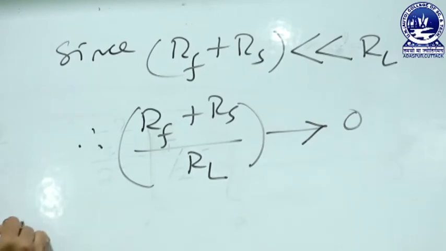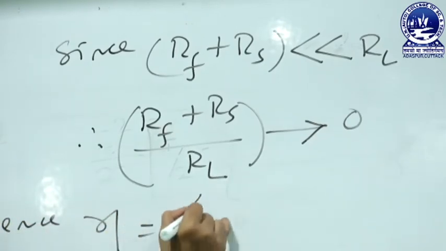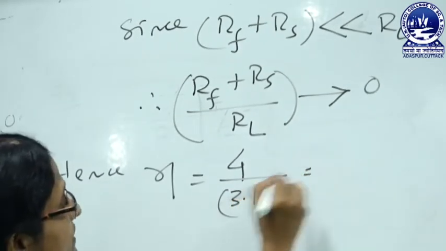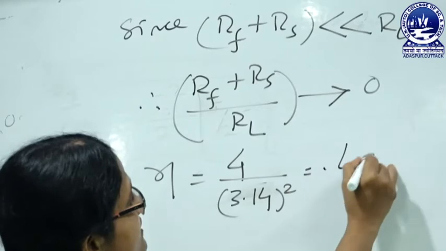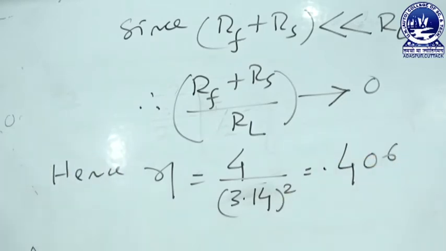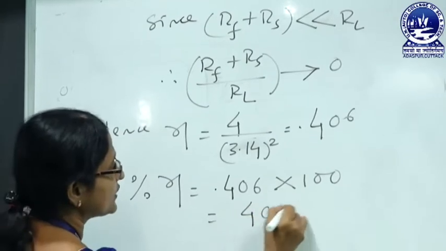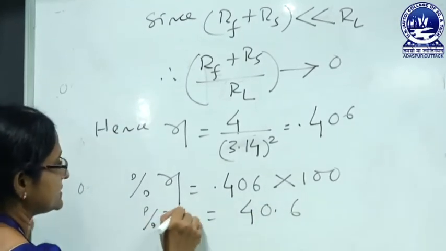Hence eta equals 4 by 3.14 squared, that equals 0.406. Then what is the percentage of eta? That is 0.406 into 100, that equals 40.6 percent efficiency.